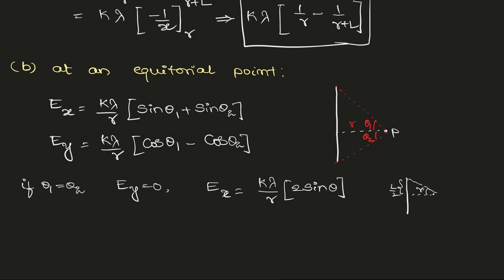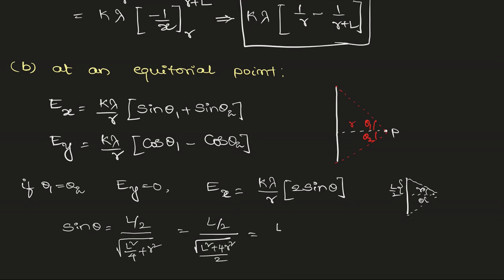So if they ask us to find sine theta, as this angle is theta, sine theta will be equal to opposite side by hypotenuse, L by 2 by square root of L square by 4 plus R square, or this will be equal to L by 2 by square root of L square plus 4R square by 2, or that will be equal to L by square root of L square plus 4R square.